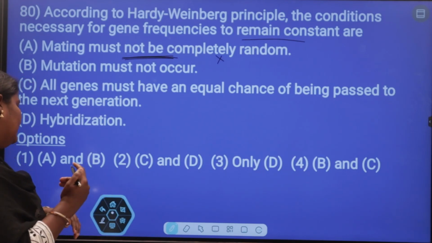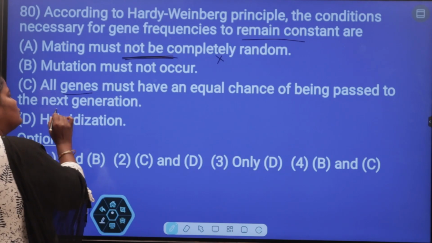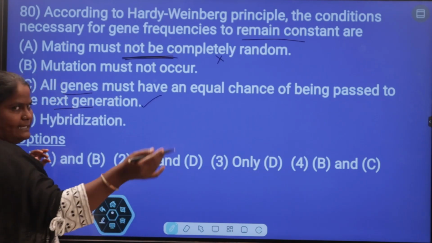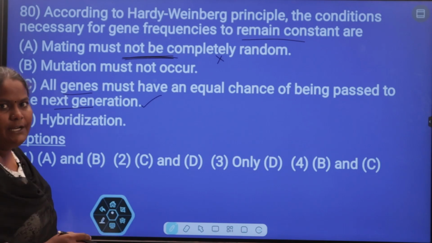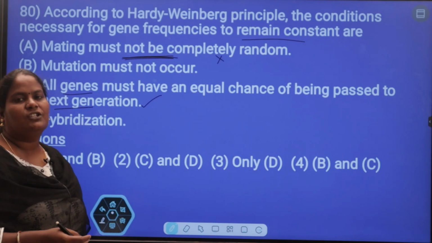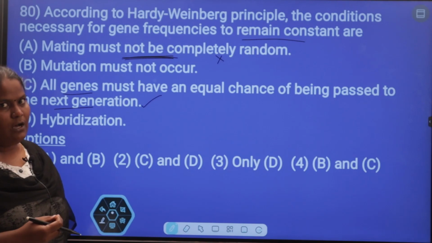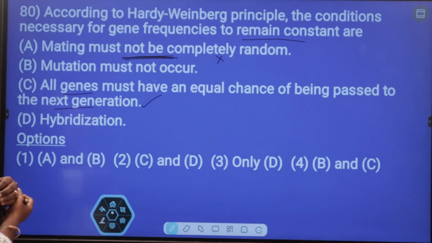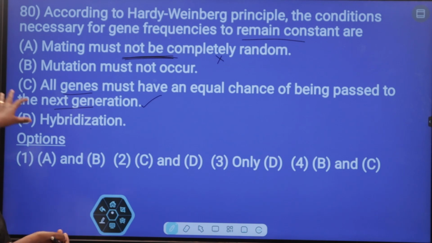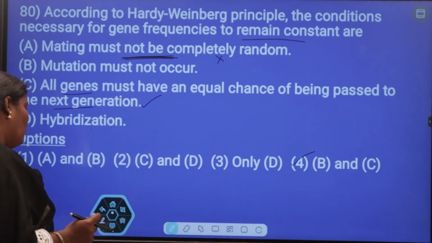Yes, all the genes have to be equally passed to successive generations. Hybridization is a part of recombination. It disturbs the constancy of the Hardy-Weinberg law. So B and C are the basic conditions which maintain the Hardy-Weinberg law. The answer for this question is option 4.